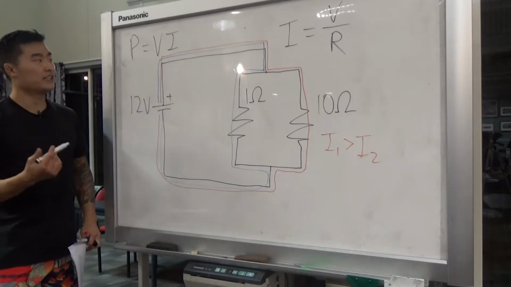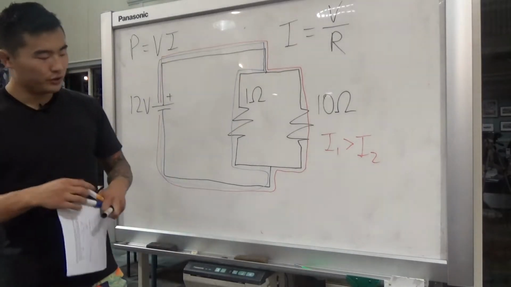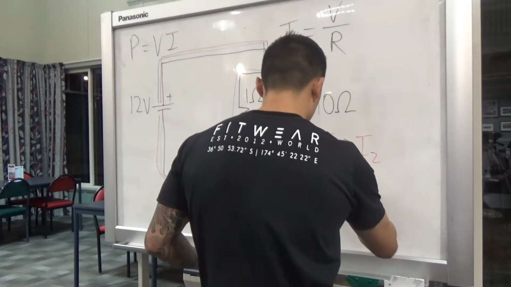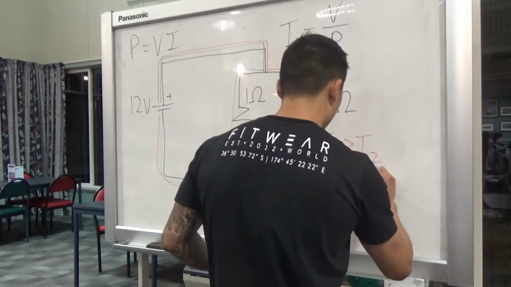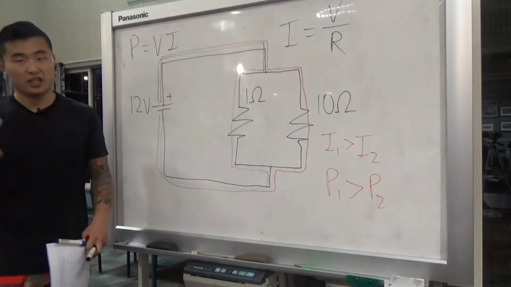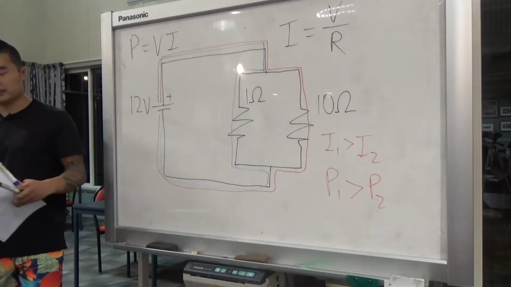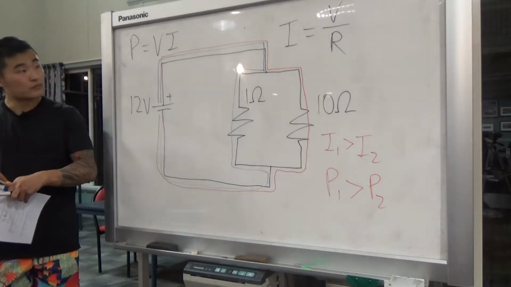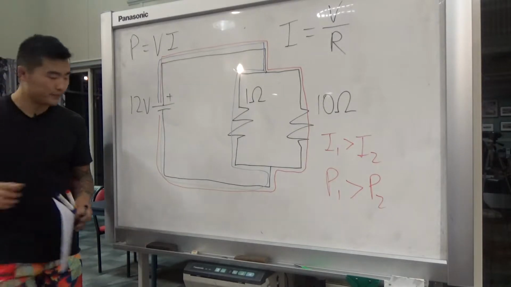So that means that P1 will be greater than P2 as well. Okay. So because the current is greater, the power is also greater. Cool.